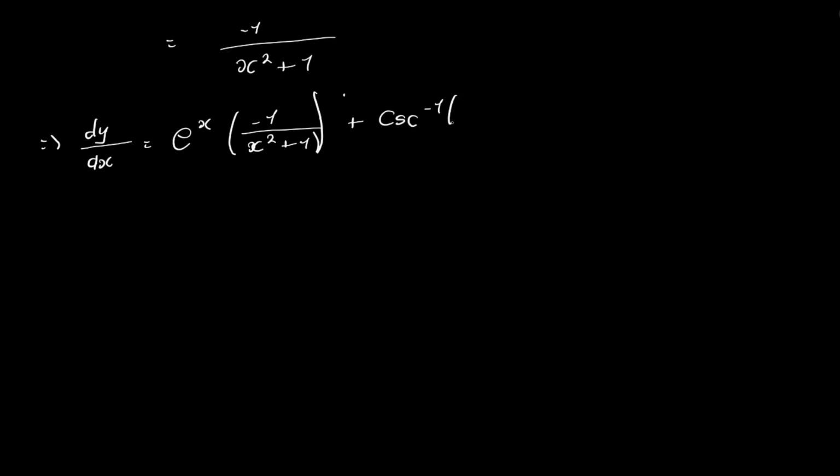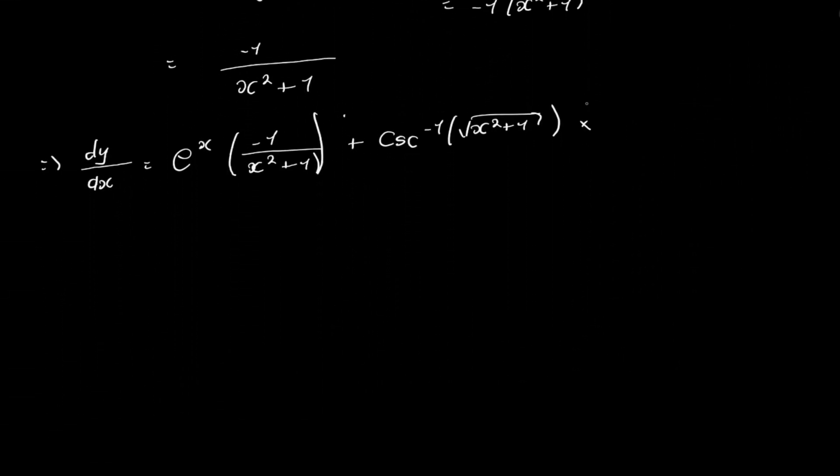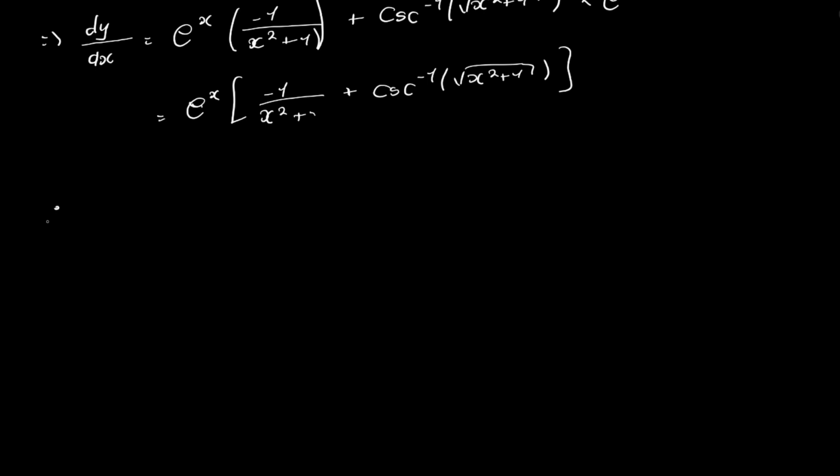Cosec inverse of square root of x squared plus 1 times, what's our du? Our du is still e to the x. So the first thing we notice is that e to the x is common in both terms, so we can factorize it out, leaving us with negative 1 on x squared plus 1 plus cosec inverse of square root of x squared plus 1. So what can we then conclude?